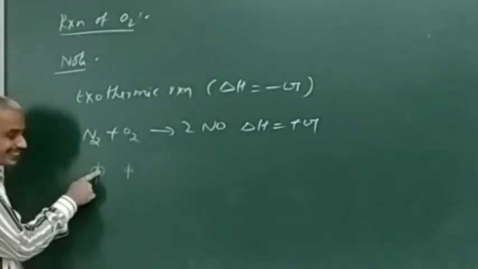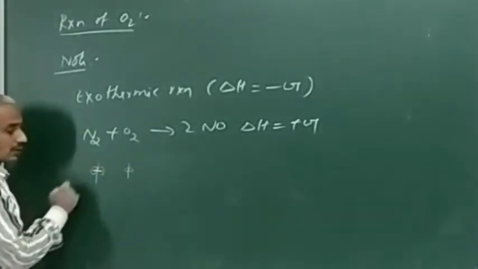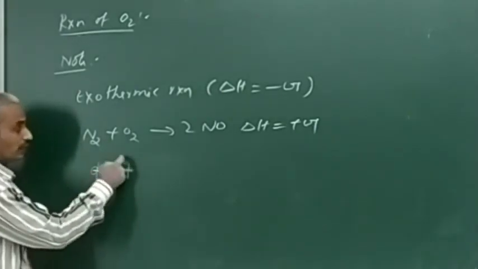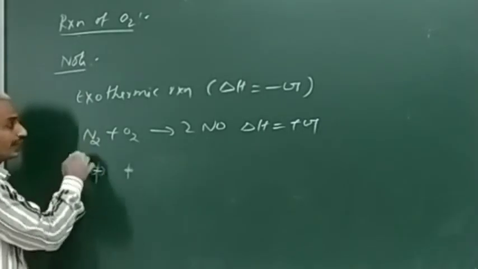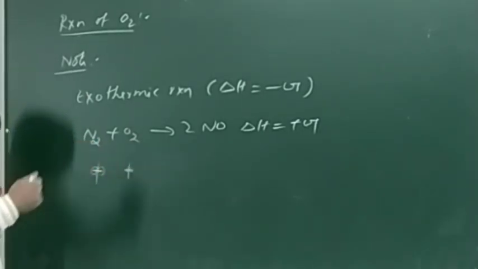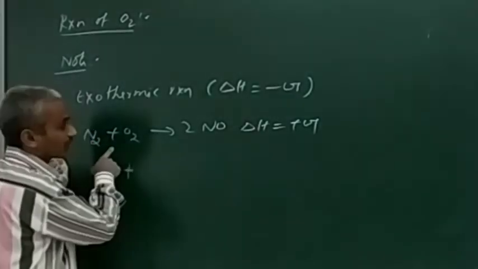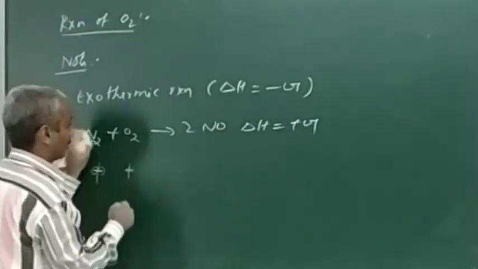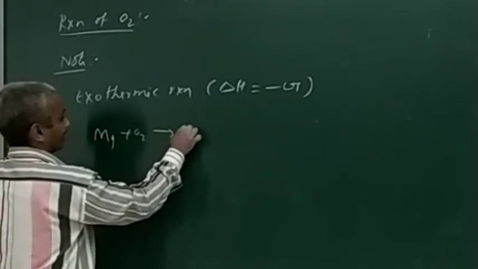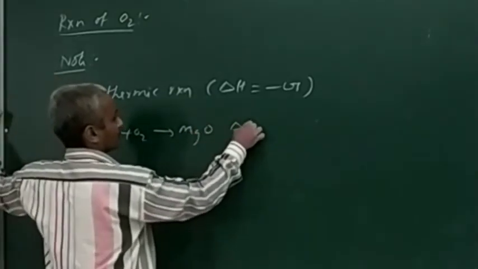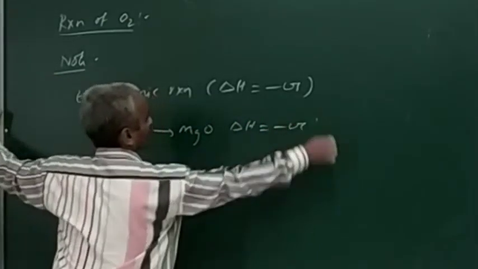Due to the smaller size, high bond enthalpy is there in nitrogen, so we need more energy. It absorbs energy, so this reaction is endothermic. Mg plus O2 giving MgO, etc. For those, delta H is negative, only exothermic nature.